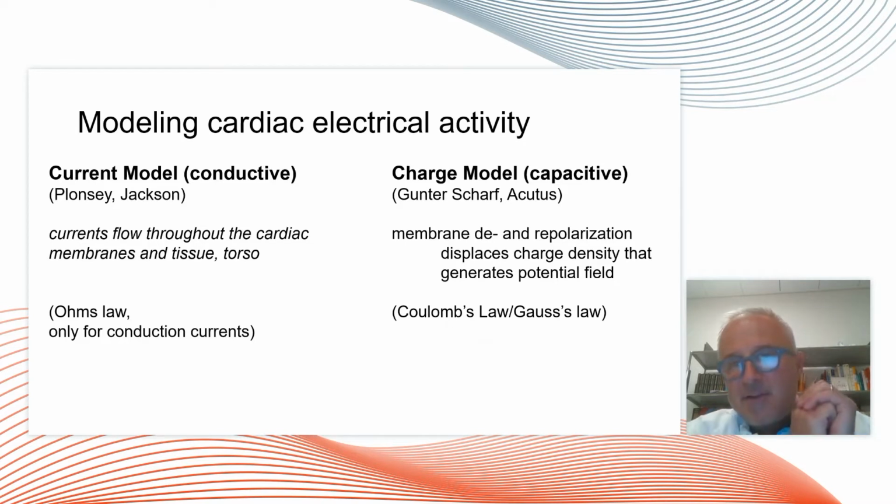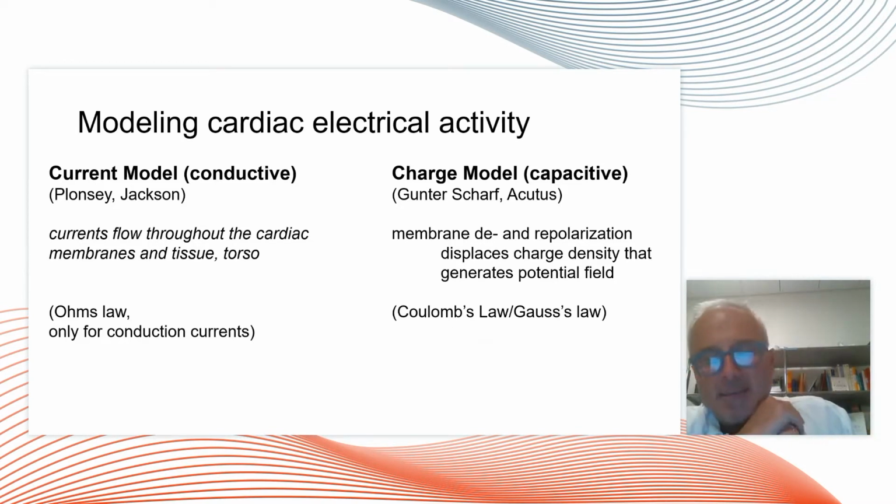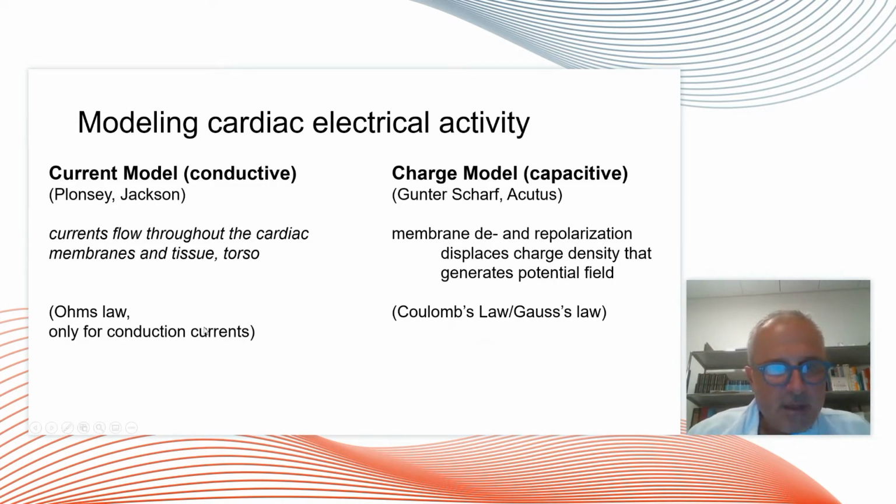Now, how do we get these excellent results with non-contact mapping? The reason is that in the past, most people were working with a current model of cardiac electrical activation. This model was assuming currents which flow through the cardiac torso and produce the potential. And as the currents produced the potential, Ohm's law was used, and that was getting misleading information because that's only for really conduction currents.